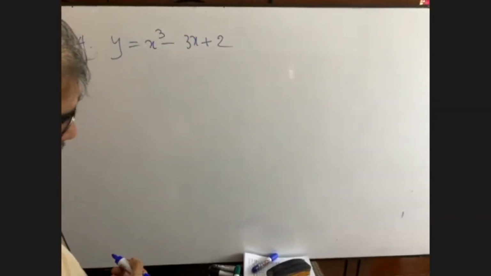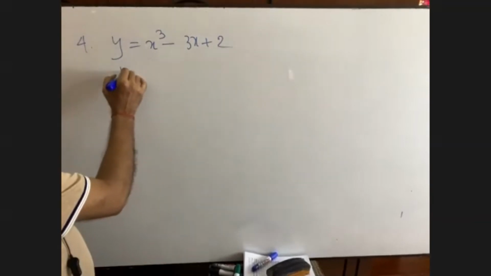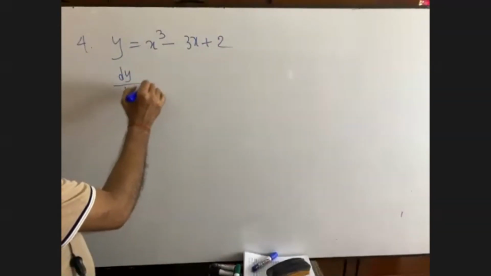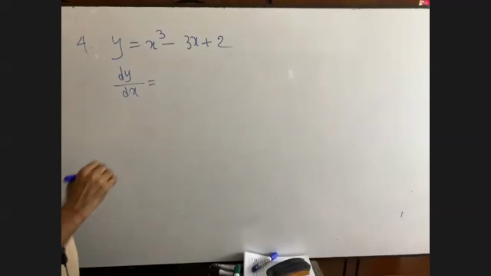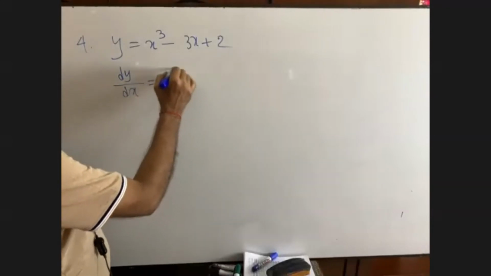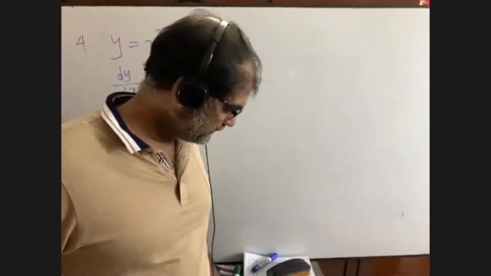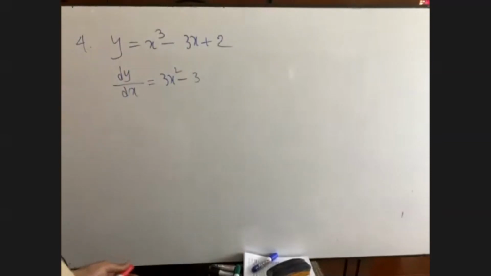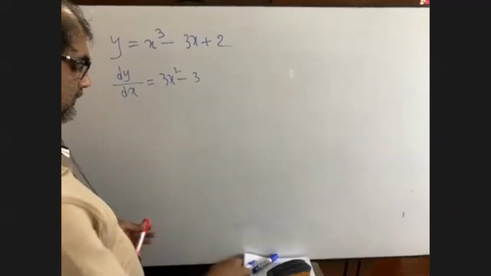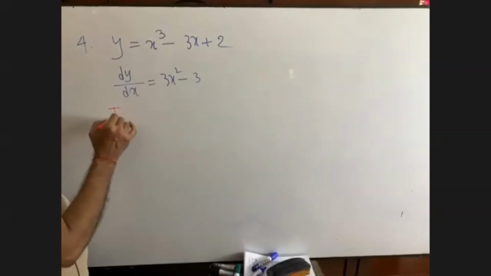So what will you do? At first you will find dy by dx. What is the result? 3x square minus 3. Now you are told that tangents are parallel to x-axis. It is given.